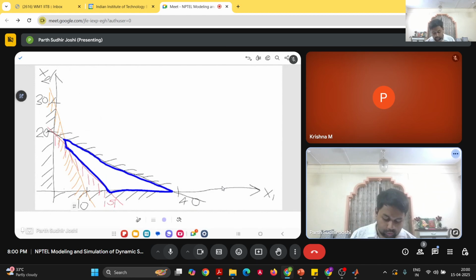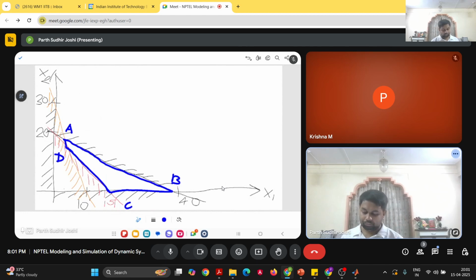Let us label these corner points: A, B, C, and D. Generally, we would expect the optimum solution to lie on either of these vertices.